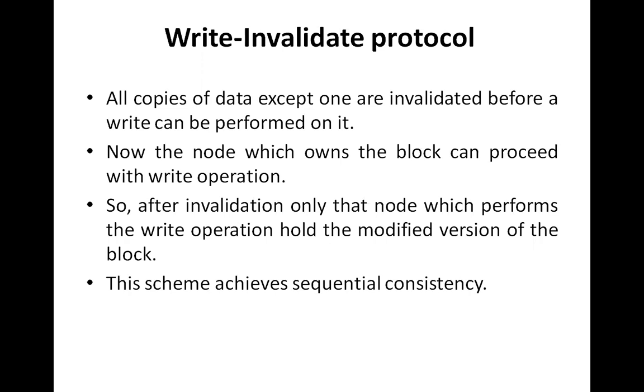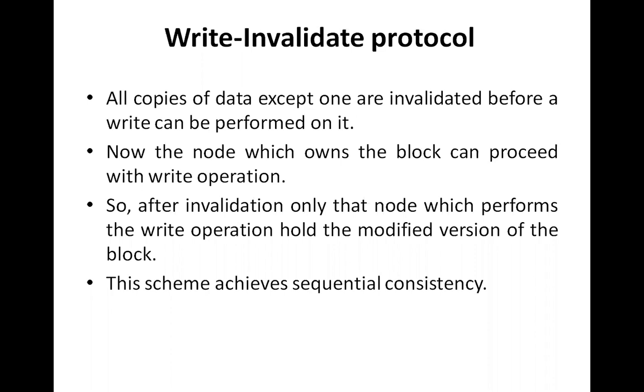So before the write operation is performed, the node which wants to write is fetching that data, taking it to its own node and invalidating the rest of the data which is available at the different nodes.